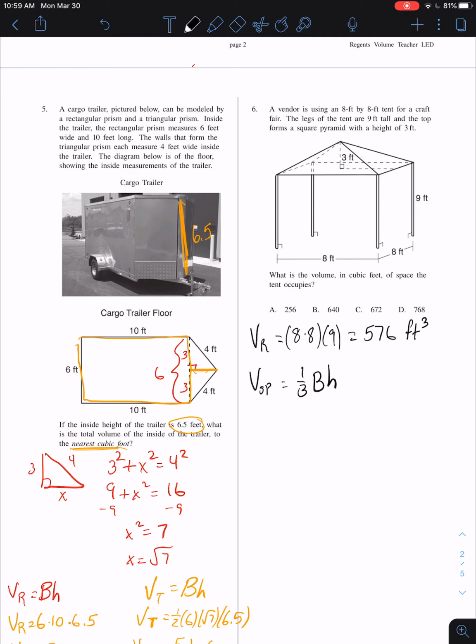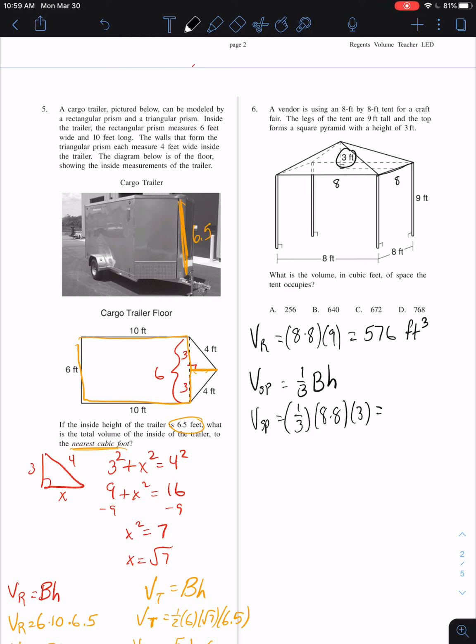Now, this is a perfect square here, so this is still 8, and this is still 8, so our volume of our square pyramid will be 1/3 times 8 times 8, and then our height, it's the height of the pyramid, which is 3.